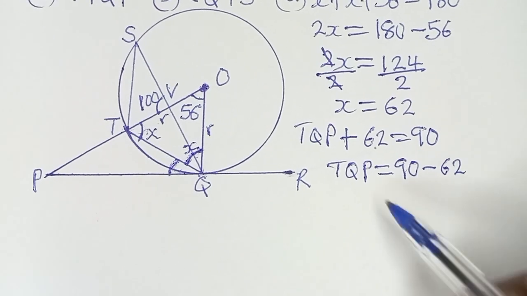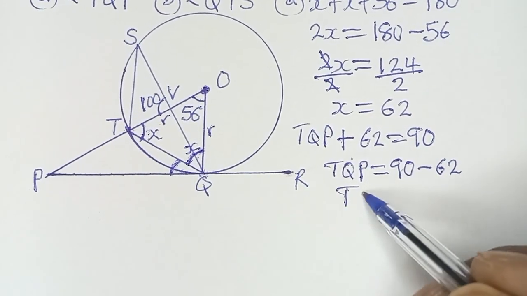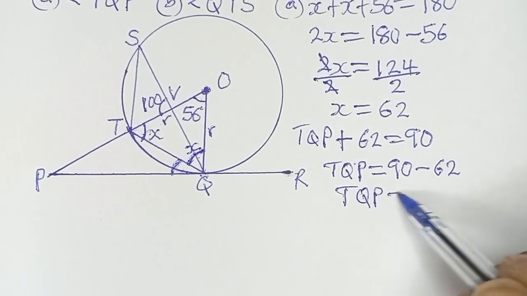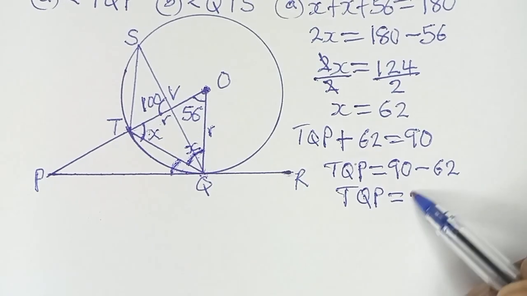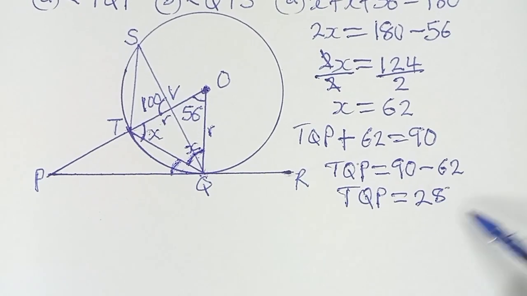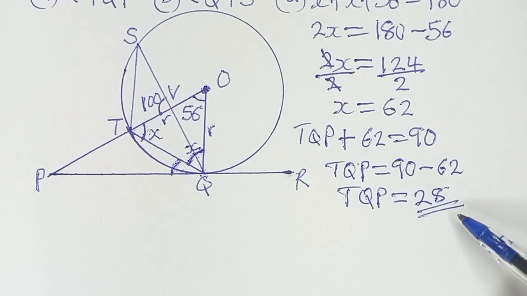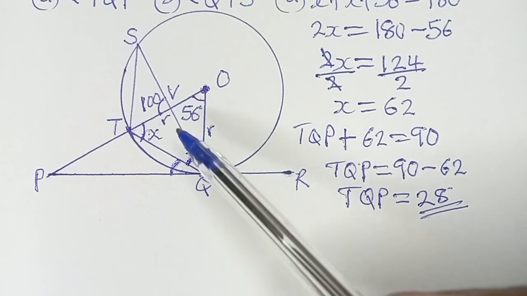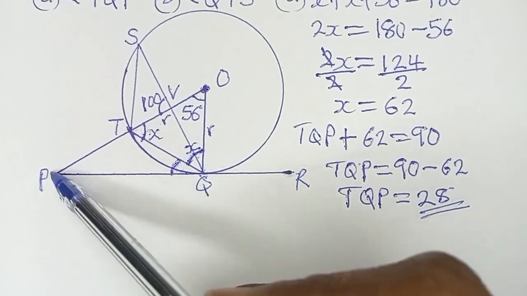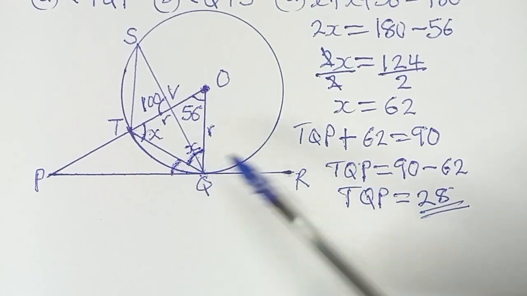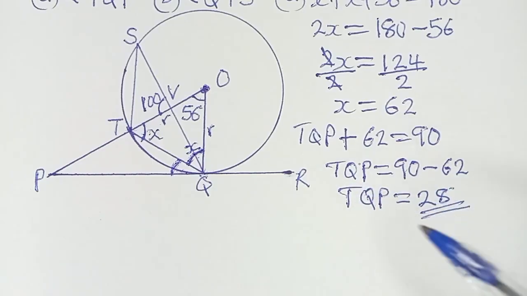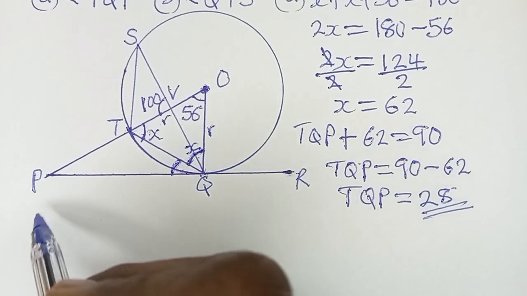So we obtain the first answer: TQP is 90 minus 62, which is 28 degrees. So angle TQP is 28 degrees.